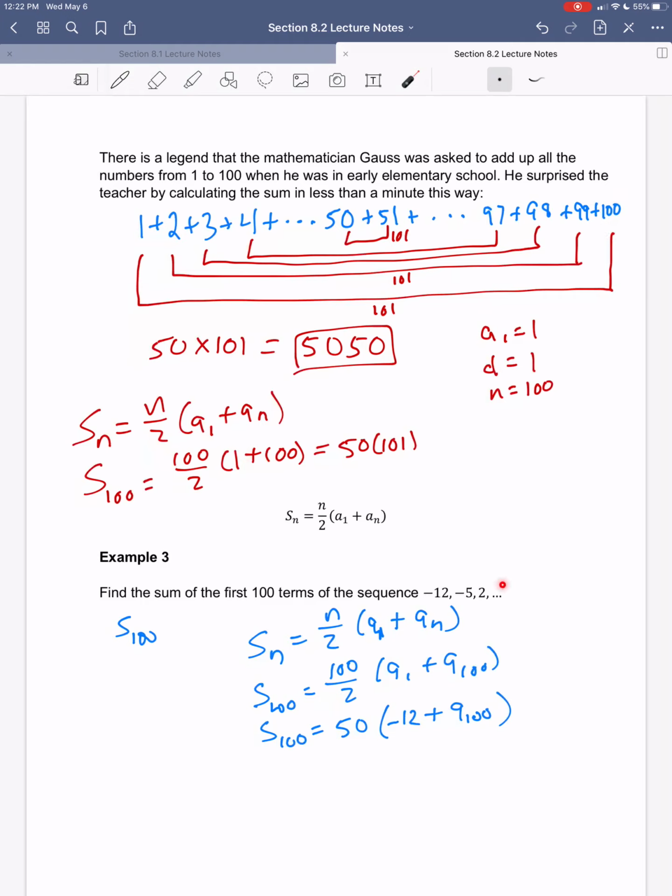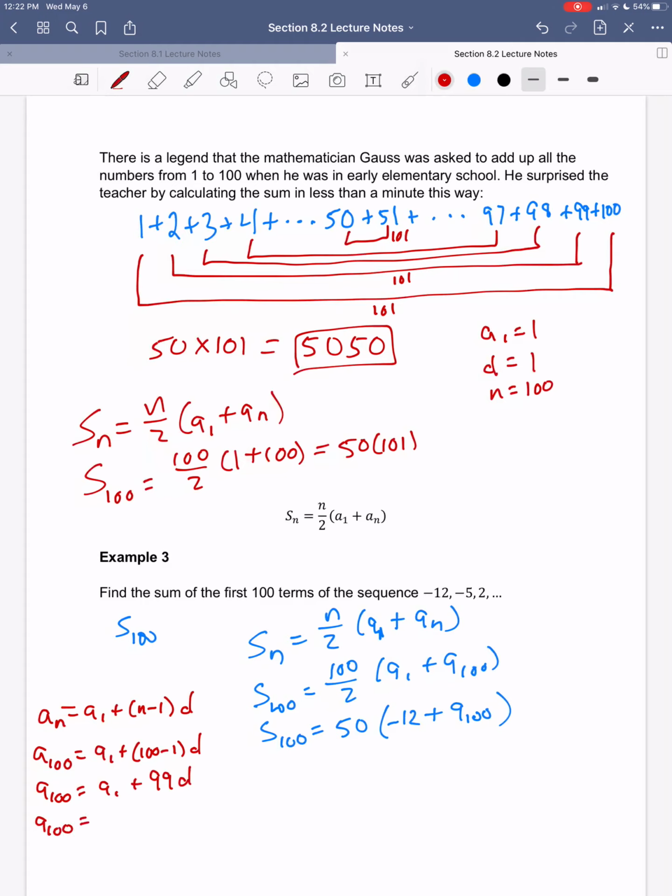Here, I don't know what the 100th term in the sequence is, but I have a formula for a sub n. A sub n is a sub 1 plus n minus 1 times d. So if I want the 100th term, that's just going to be a sub 1 plus 99d.